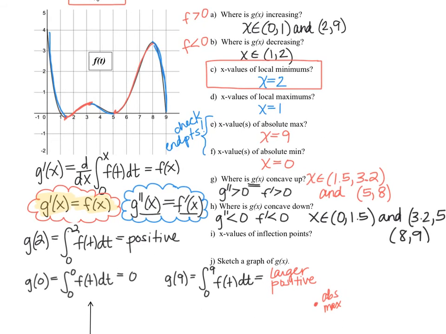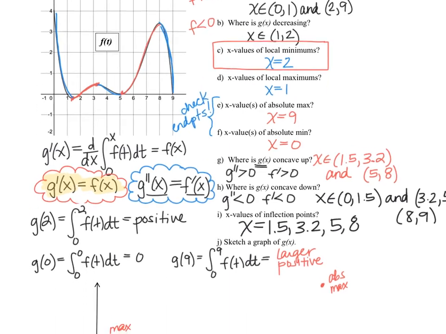Where does the slope change from negative to positive and vice versa? The slope is going to change sign a bunch of times actually, at 1.5, at about 3.2, again at 5, and one more time at 8. So we would have 4 total inflection points. A total of 4 inflection points.